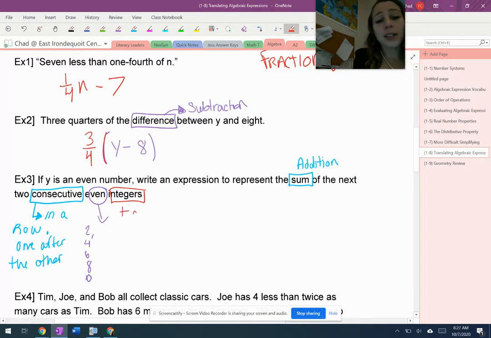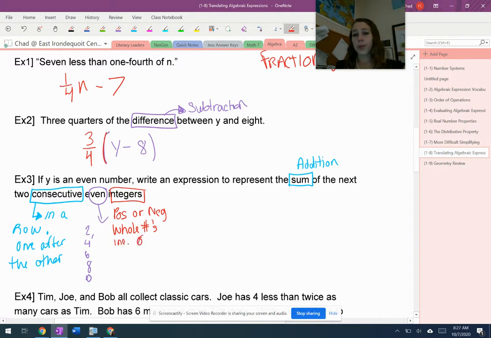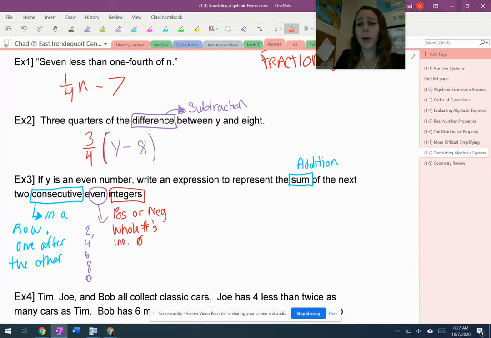Integers are positive or negative, so we'll just turn this into pos. Positive or negative whole numbers, including 0. No decimals, no fractions involved. Okay, so this is going to come up a lot this year.